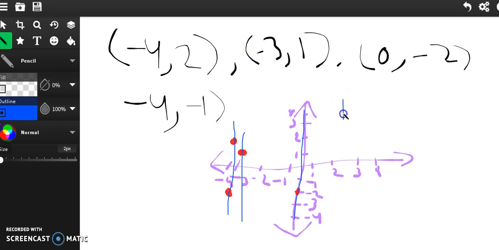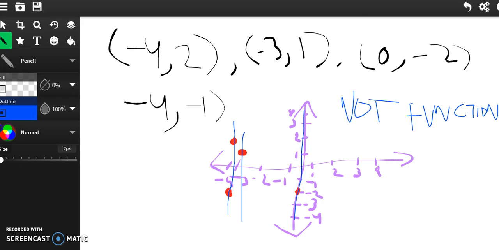So, this is not a function. So we use a vertical line test to see whether this relation is a function, and it's not.